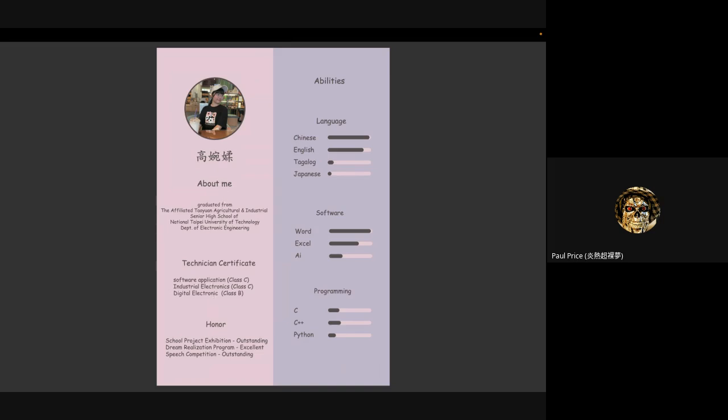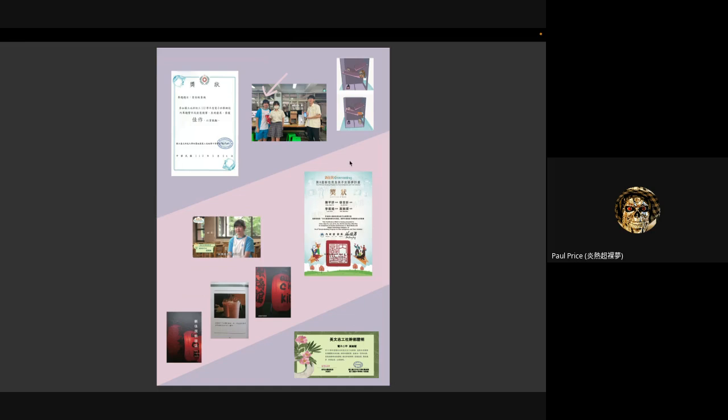So I think another choice might be better, and maybe some of the abilities could be larger as a title for all these, and then these could have maybe a square background or something to show the difference between all these abilities. And for these, I think the images could be larger, and then maybe a title for each section explaining what each section is. For example, this may be a certificate or something, and then you split into three, but you can't really know what kind of event that is, so maybe give it a title.